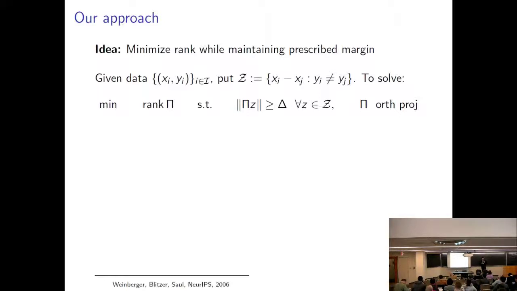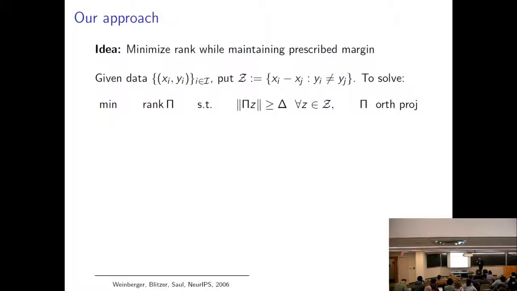We want to preserve some sort of margin. So we want to minimize the rank of this orthogonal projection matrix, subject to, after I project a member of the difference set, his norm being at least some prescribed margin.